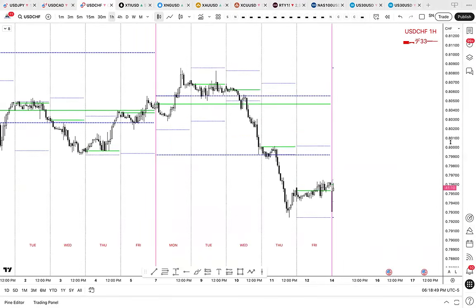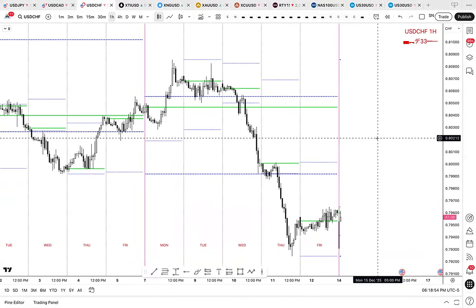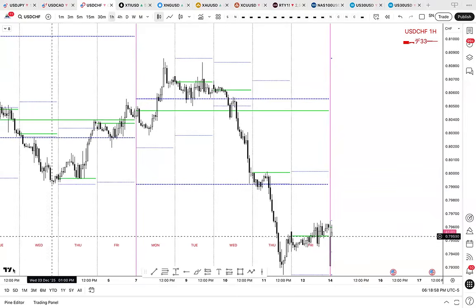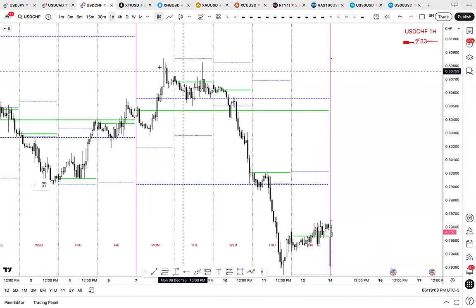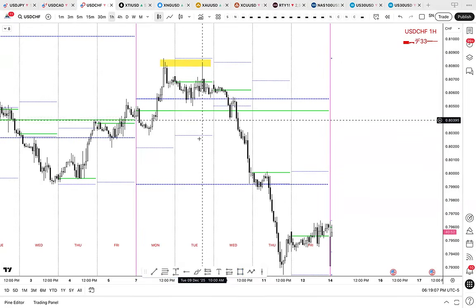Another example, USD Swiss franc, in my opinion, gave one of the cleanest first red days I've seen in a long time. They closed in breakouts. And let me just draw this up. Look what's happening here.